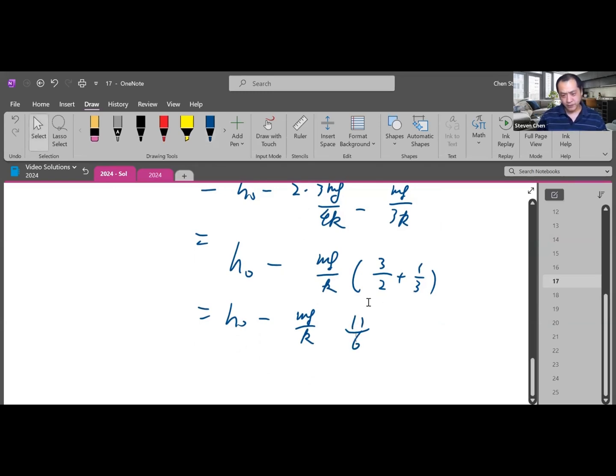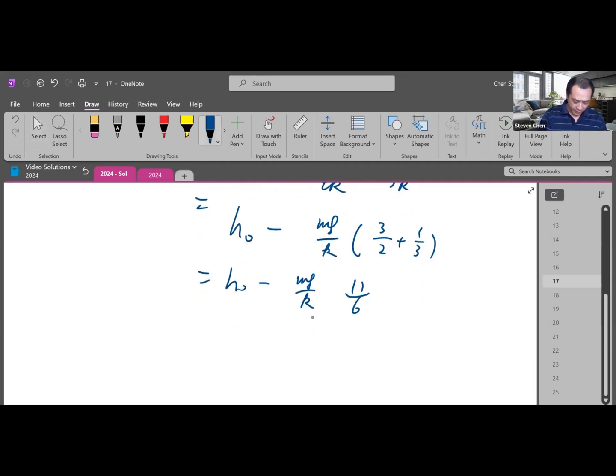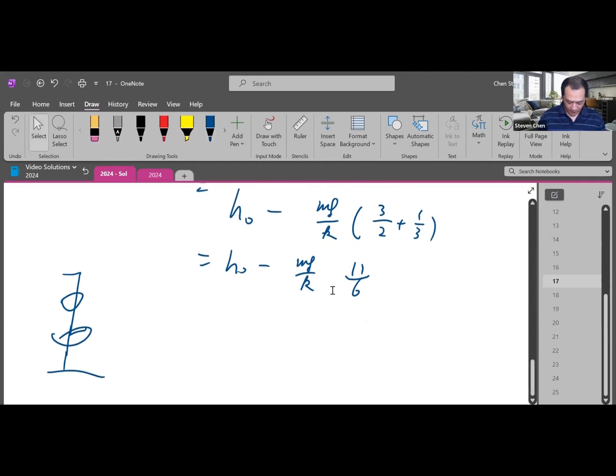So basically it tells us the following thing. In this entire system, originally when the mass is held here, the height is h0, right? And once it has a mass m, it goes down by this displacement.